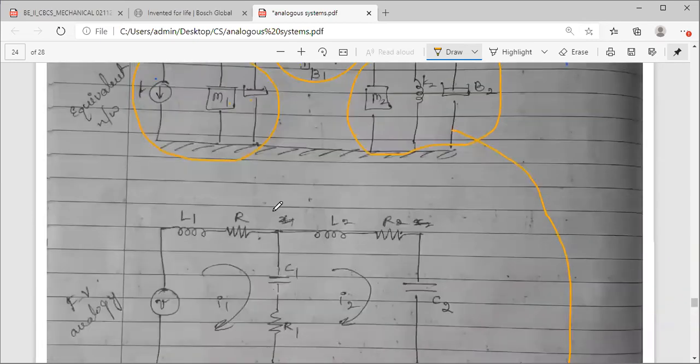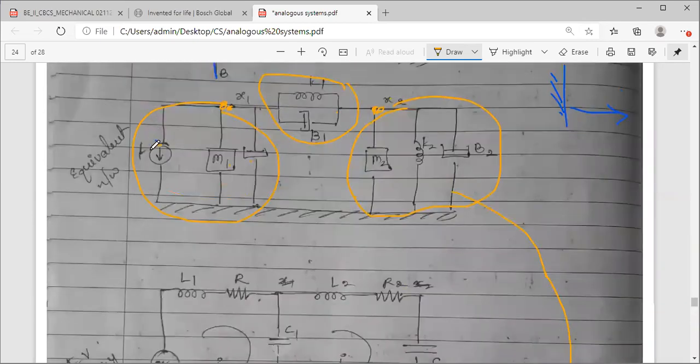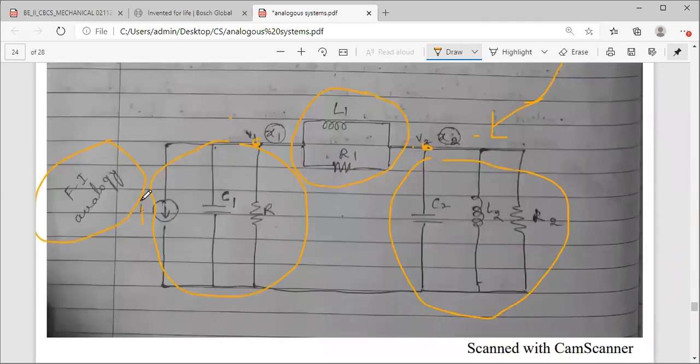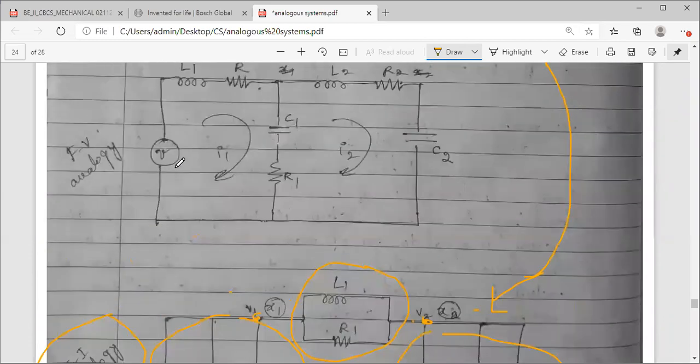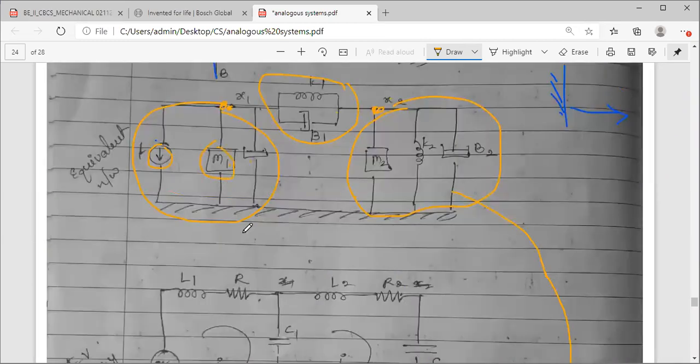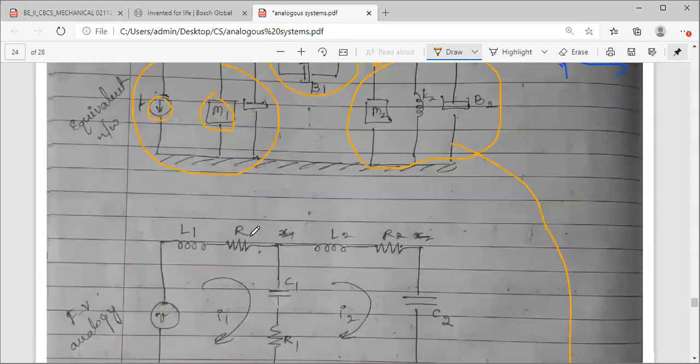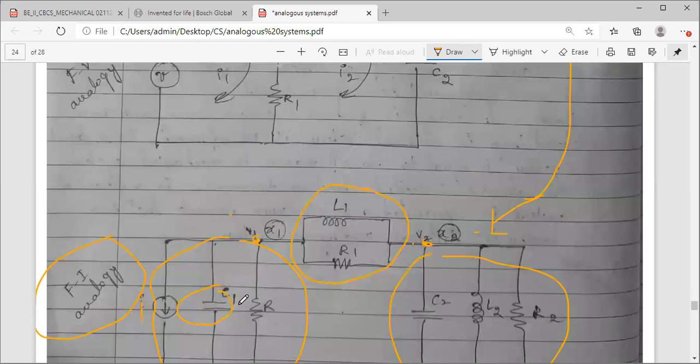Okay, so now let me see what all I have replaced. We have force. Force is replaced with what? Current. Please refer to the table. Force is replaced with the current. Mass is replaced with the capacitance. You have M1, so I have taken C1.